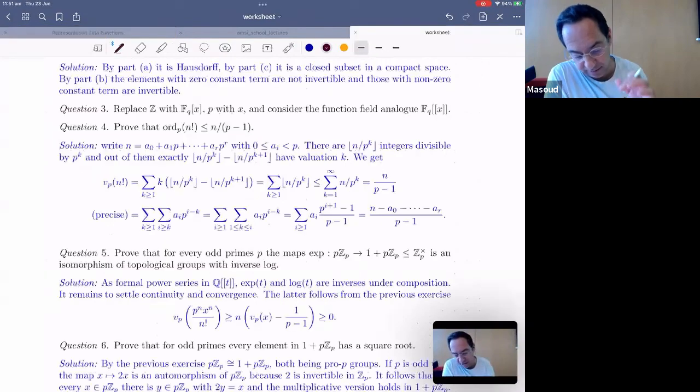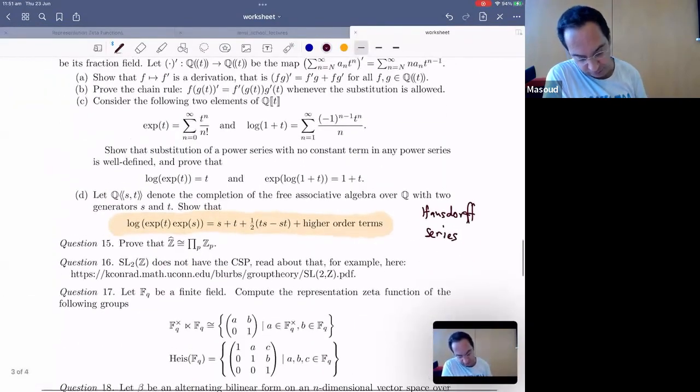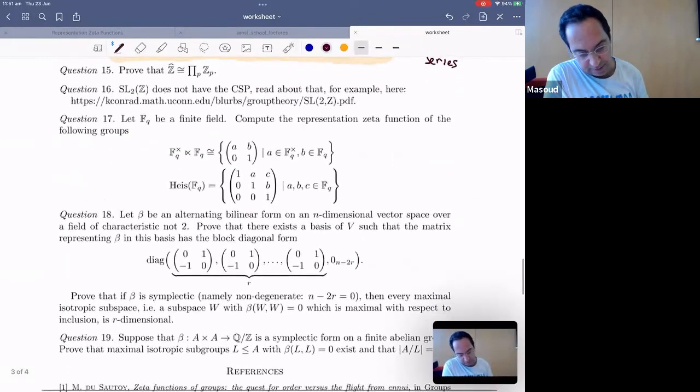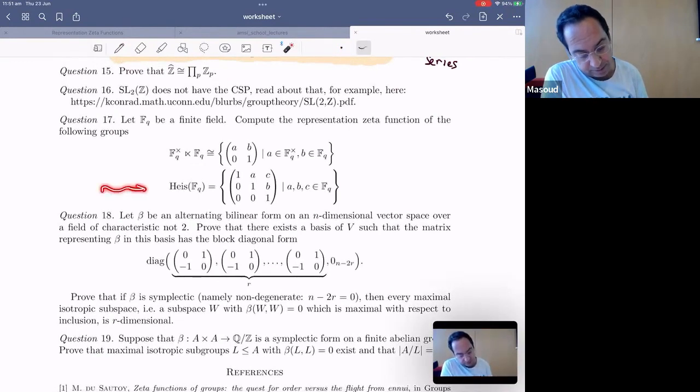Let me just sell you more exercises, trying to convince you to do them, so that you will be completely ready for what we are doing tomorrow. So here's an important group. I don't know if you managed to compute the zeta functions of these two groups.